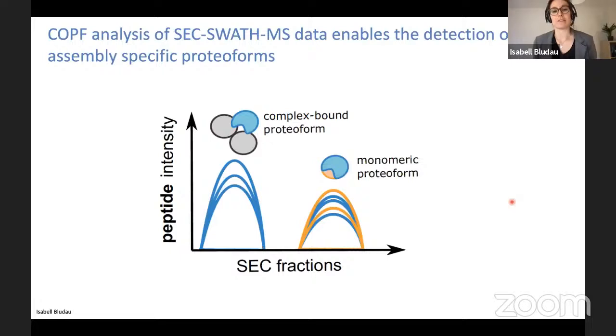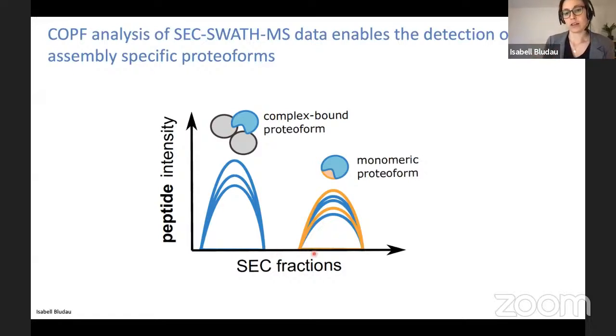With this, I'd like to get back to the SEC-SWATH-MS data, because our idea was not actually to do this on a multi-condition data set, but to look at proteoforms and how they might be assembly specific. The overall idea is that the different SEC fractions work similarly to having a lot of different conditions. If we look at peptide intensities across the SEC fractions, then we might figure out whether proteoforms are specifically integrating into a complex or not.